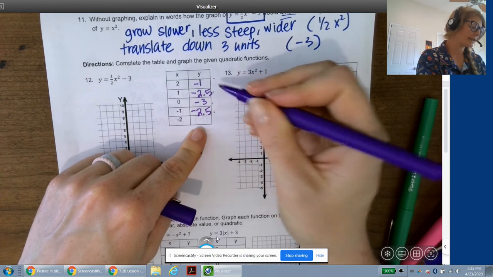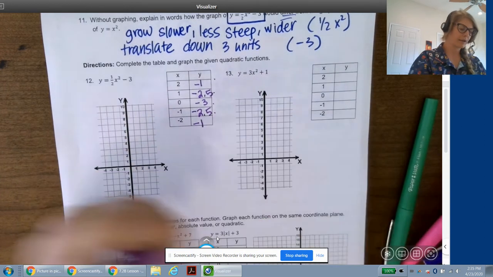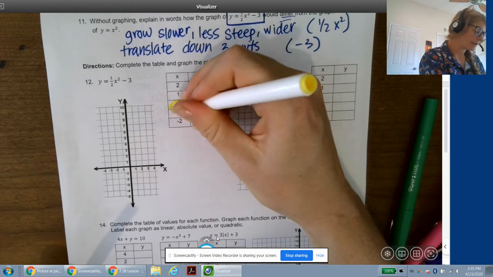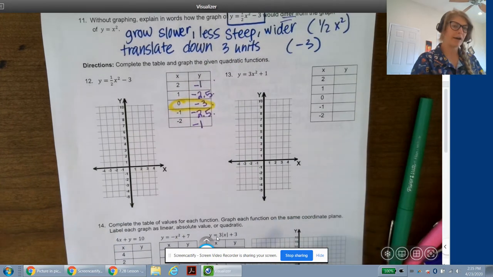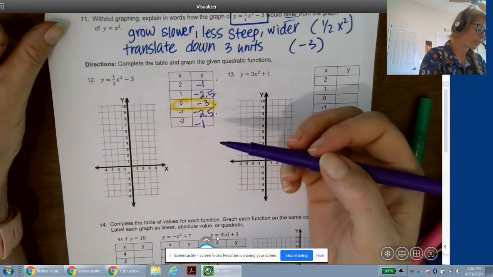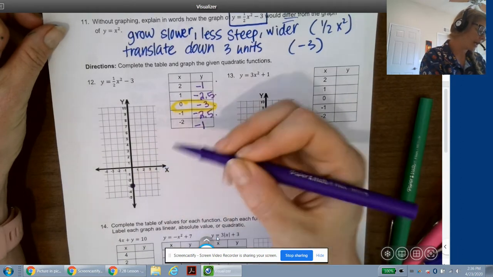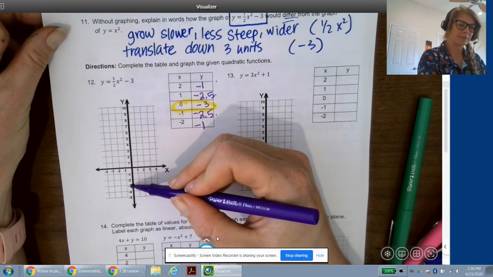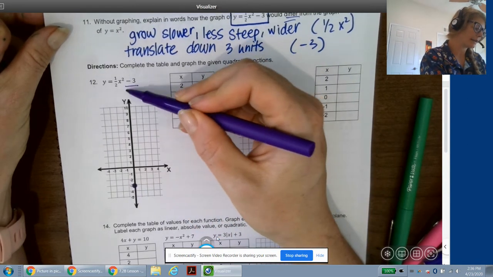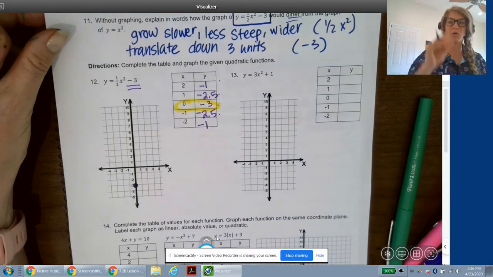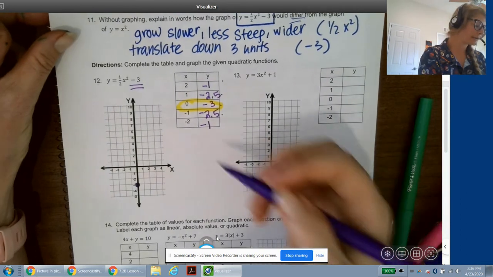And notice I see some symmetry, -1. And that's because here is going to be our vertex. So thinking about this, 0, -3. I'm pretty happy with my vertex being here, because since I said this -3 is going to translate the whole entire parabola down 3 units.